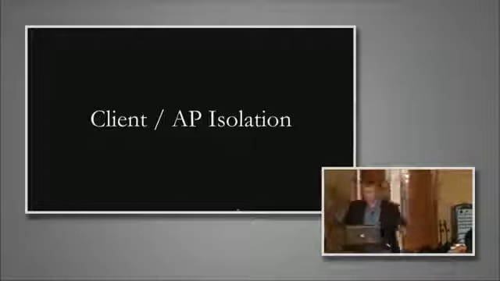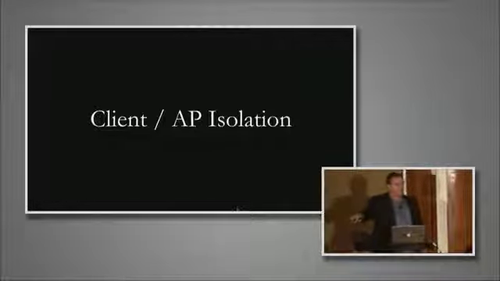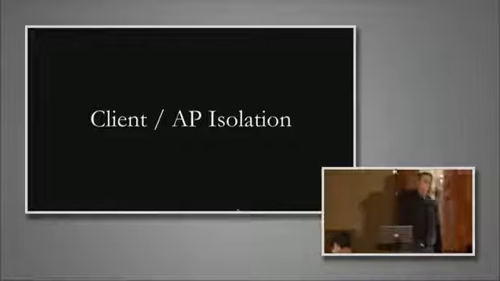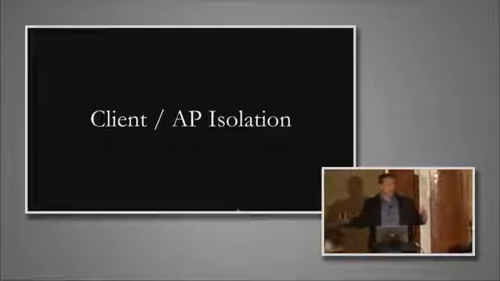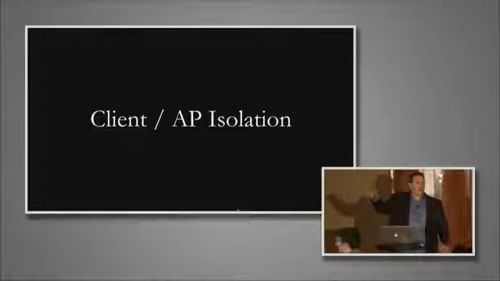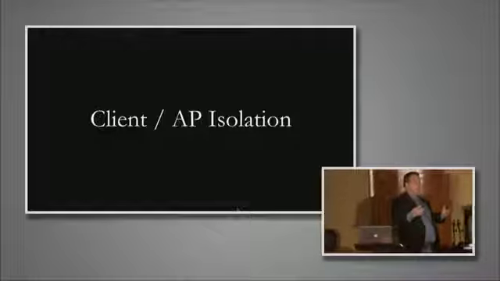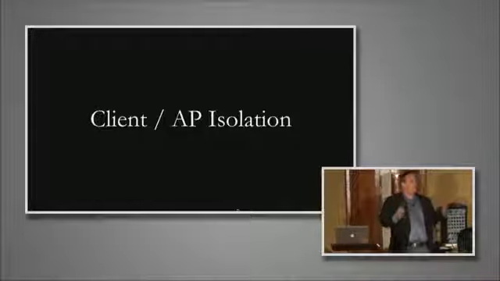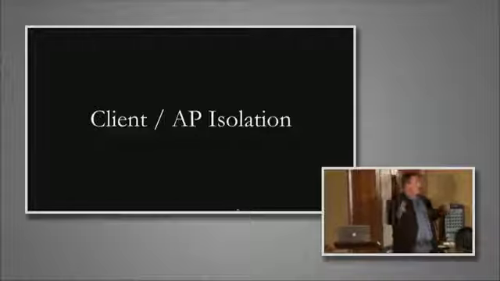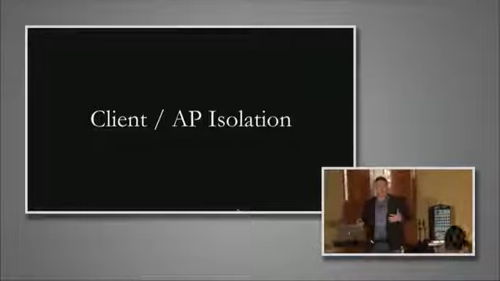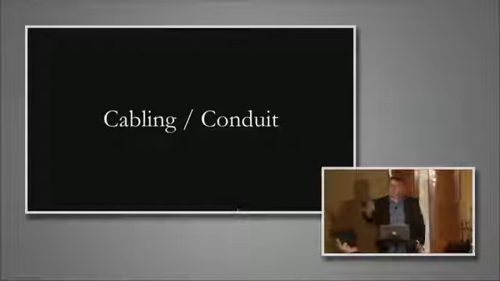If I could pick this access point to serve these 6 people, I could guarantee some pretty good service to these 6 people if I didn't get affected or affect anyone else in the room. If I could put up some RF walls around them, I could do some pretty good stuff there. So that's the number one thing. How do you use a building or help design a building to get client and access point isolation as much as possible?